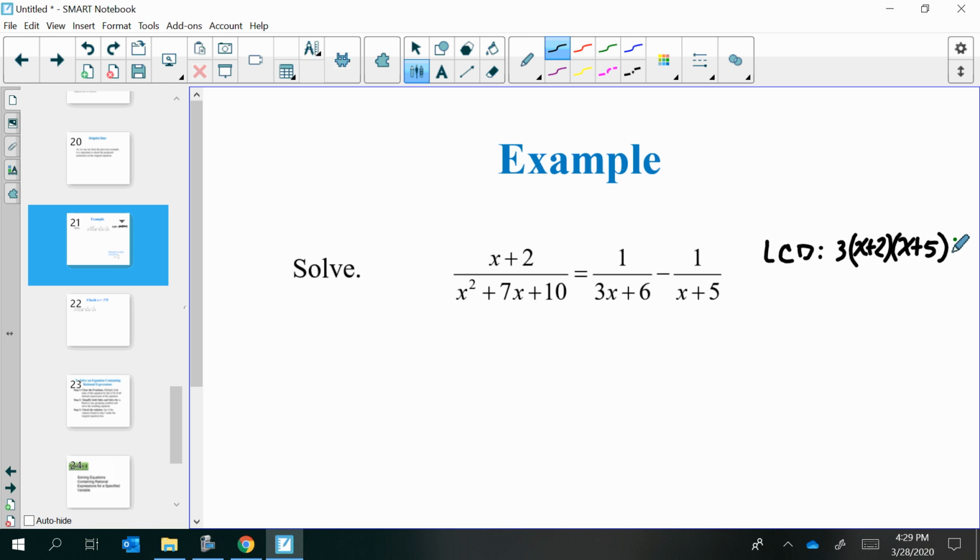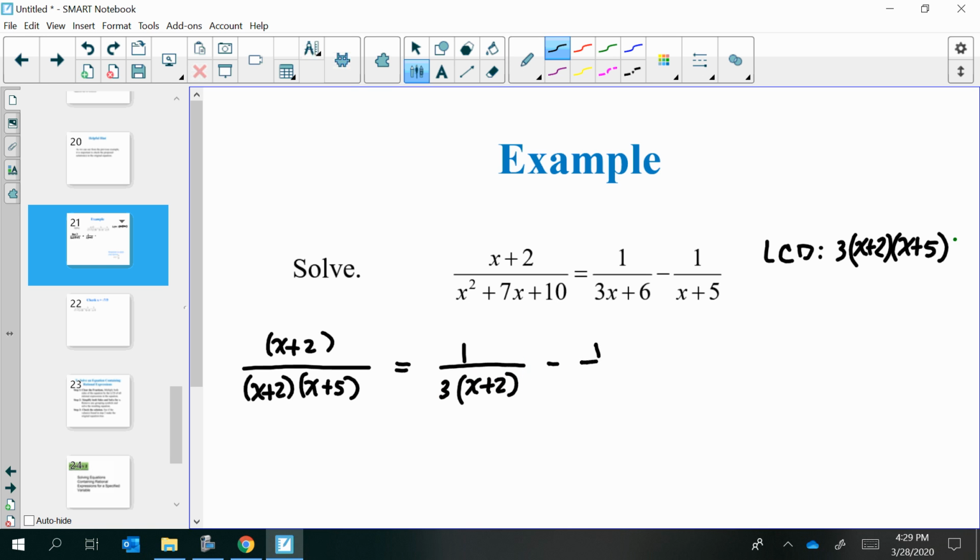So I would at least write x plus 2 over the factored version of that denominator. Just rewrite all your fractions so that the denominators are in factored form. It helps to see what cancels a lot easier. And I like to put parentheses around my quantities, even if they don't need them there.